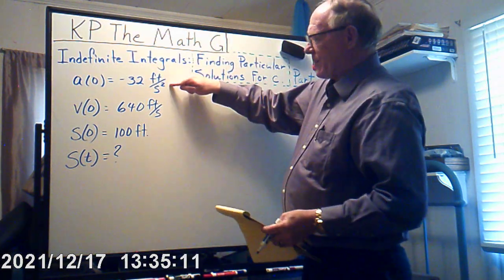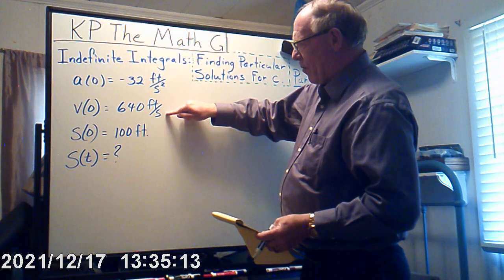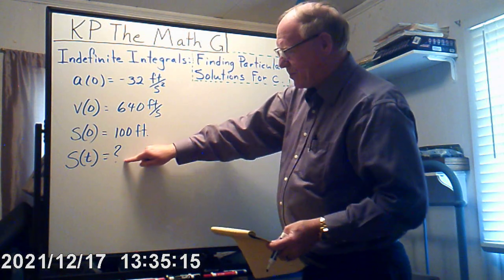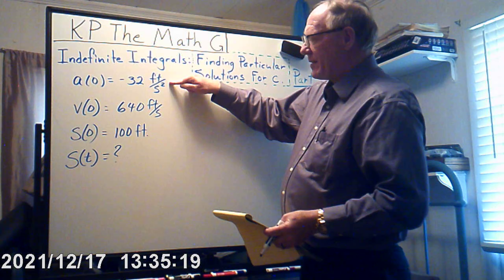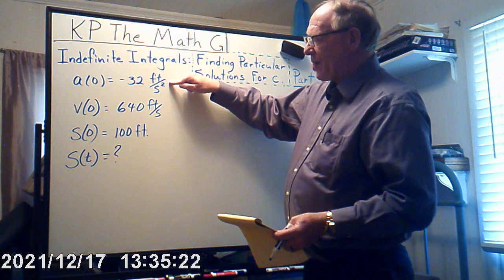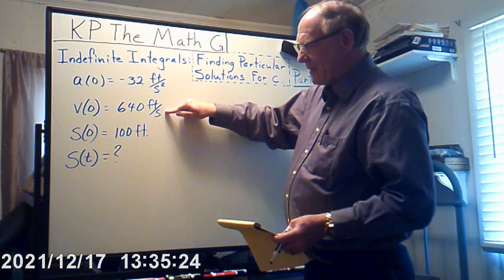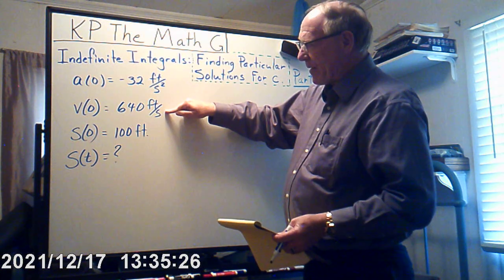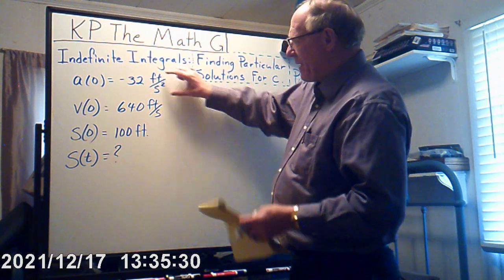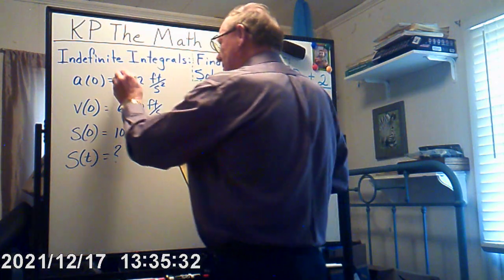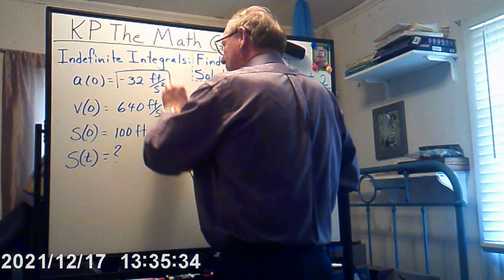We start with acceleration and then we work our way up to this position function. When we take the antiderivative of the acceleration, we get the velocity, v at t. All we're given is this initial condition right here, aren't we?